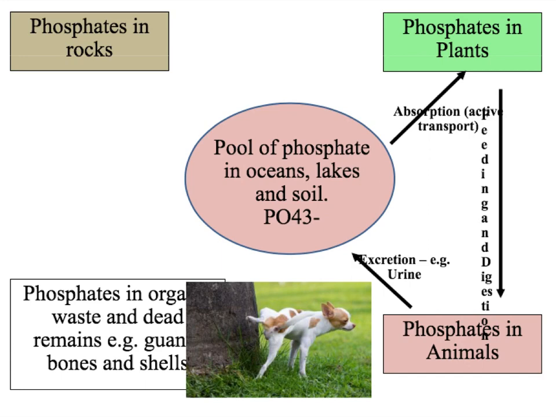Excretion such as urination can return phosphates, as urine contains phosphates, back into the oceans, lakes or soil, which is then available to plants. So that's a little cycle that you've got occurring there.